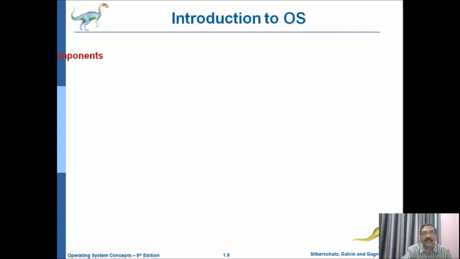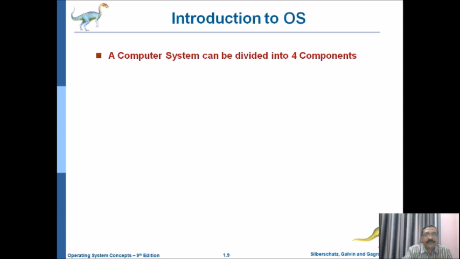OS means operating system. Now you see, a computer system can be divided into 4 components. What are those components? Can you guess? Somebody can help me. What are the 4 components? So let me see.